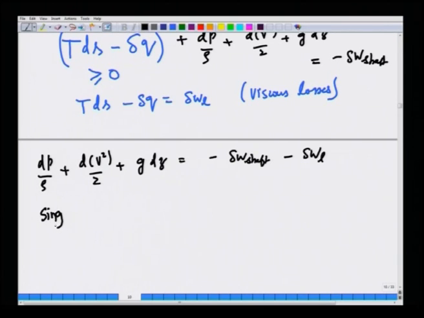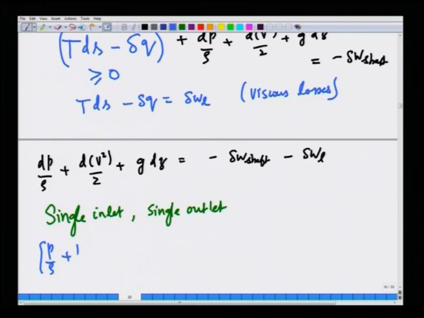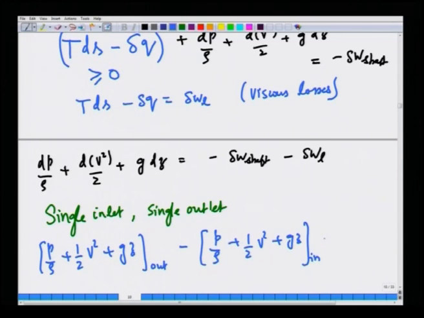So, I am going to change it back to a single inlet, single outlet kind of system, to give P by rho plus half V squared plus Gz at outlet minus P by rho plus half V squared plus Gz at inlet is minus W shaft minus W loss, viscous losses. Okay. And this was the equation that we derived in the last lecture as well.